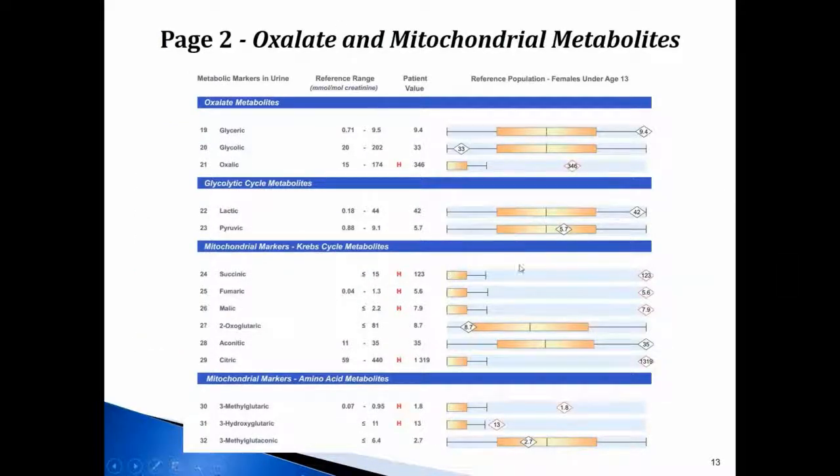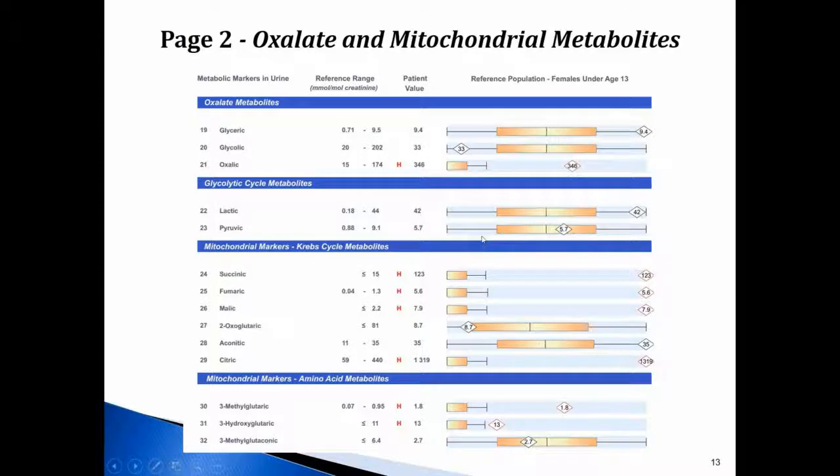Now, as we transition into page 2, the next place I'm looking is number 21 to see if the oxalic marker is high. And as we can see in this particular case, it definitely is. So we now have a test that shows high Candida, high Clostridia, and high oxalates.